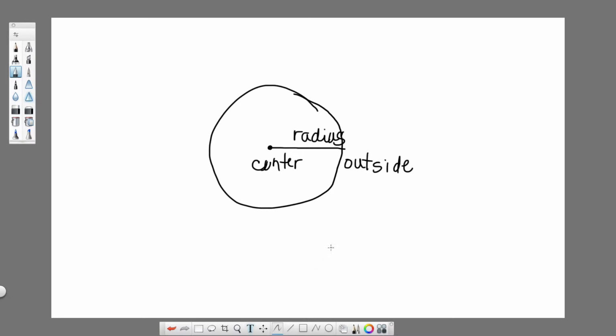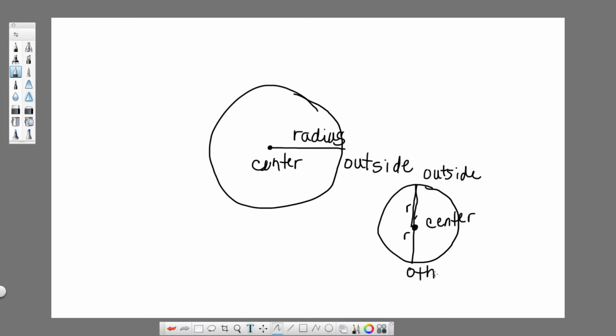Now, that's our radius. If I look at another circle, and here's the center, my diameter goes all the way through the center. So there's a radius here and a radius here. But the diameter goes from the outside of the circle through the center and to a point on the other side.